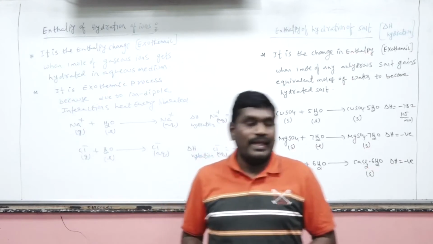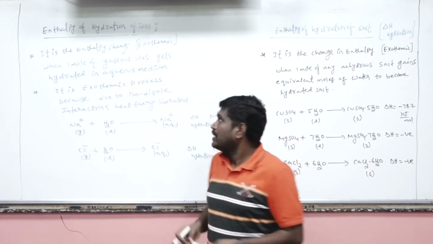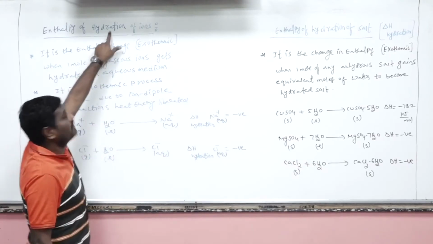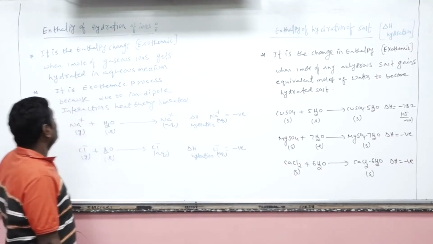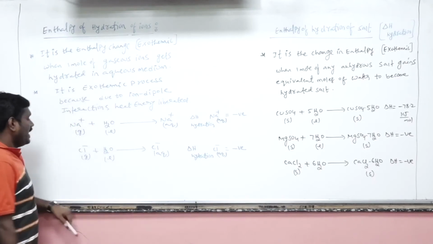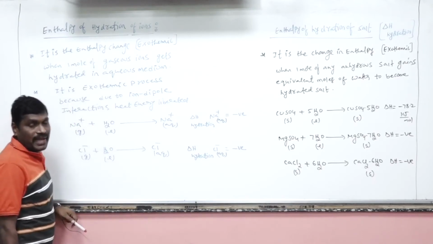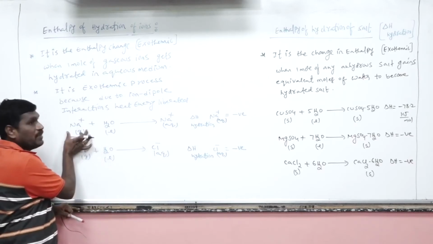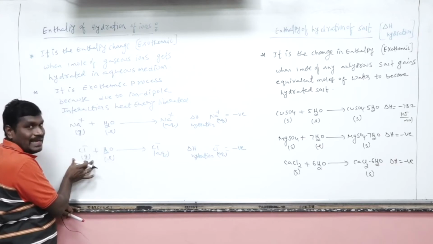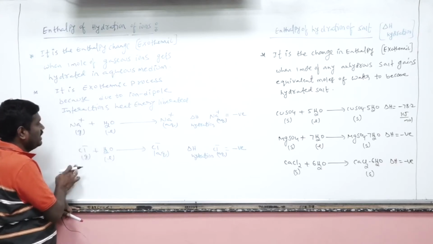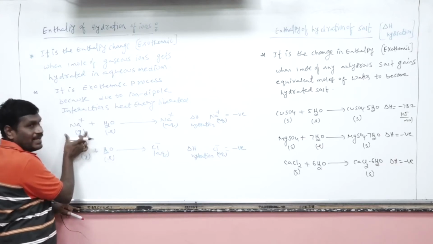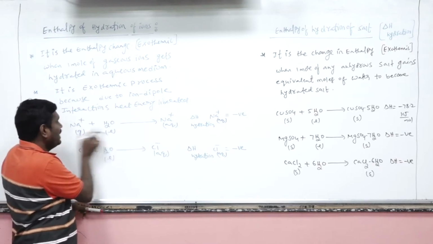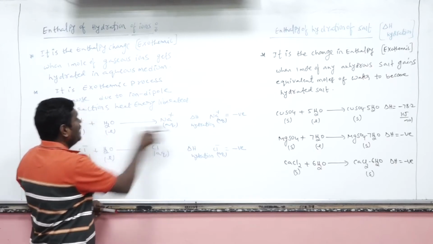After enthalpy of hydrogenation, continuation: enthalpy of hydration of ions. Hydration is different from hydrogenation. Now, let's suppose an ionic compound containing a cation and an anion. Let's suppose cation Na positive, anion Cl negative, in the gaseous state. If 1 mole of any particular ion in the gaseous state is dissolved in a suitable solvent, it gets solvated.